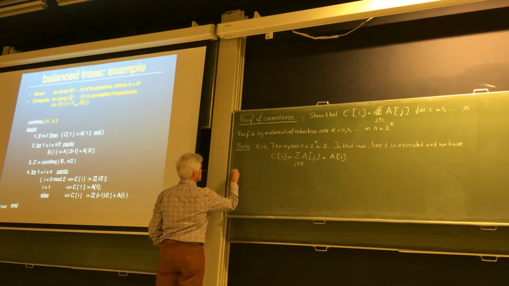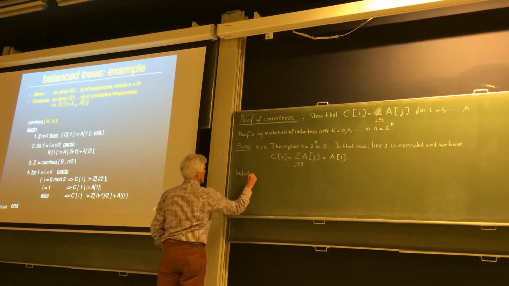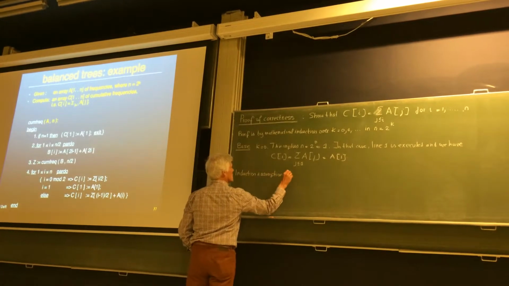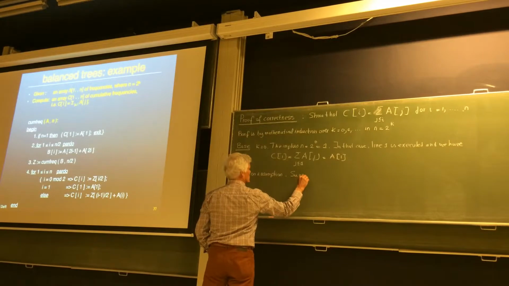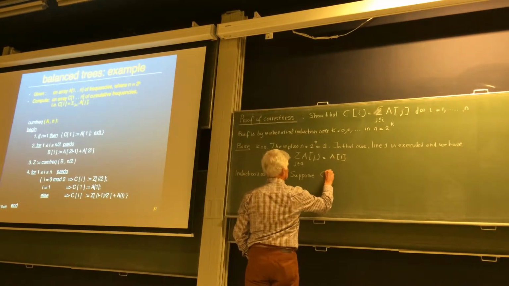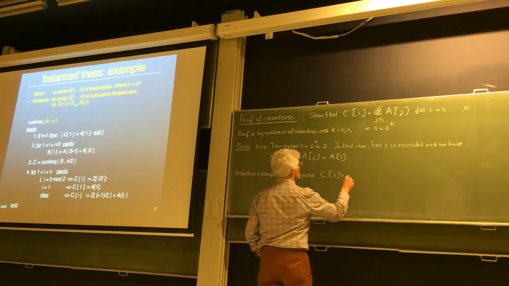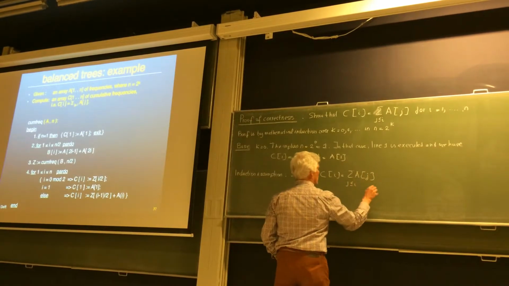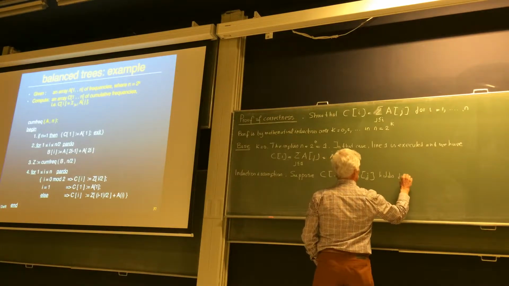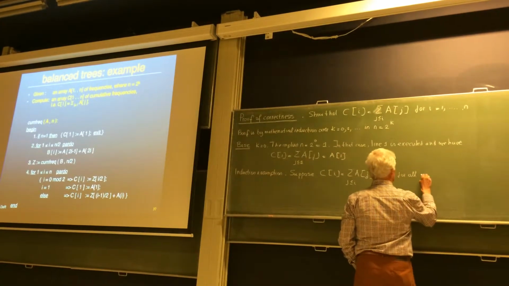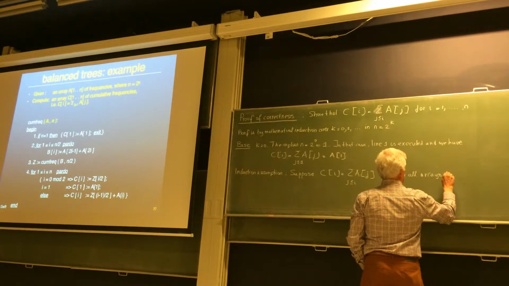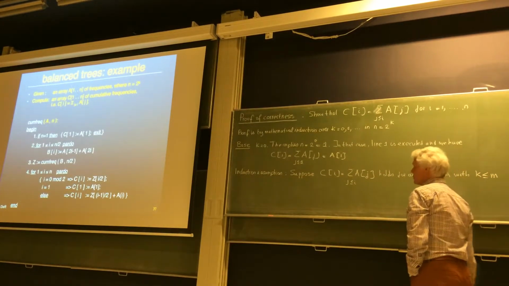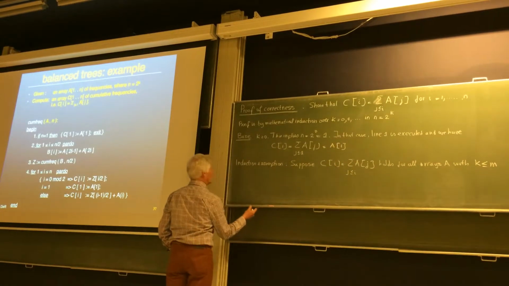Then the induction assumption. Suppose Ci is sigma A j holds for all arrays A with k less than or equal to n, for some n, and then the inductive step.